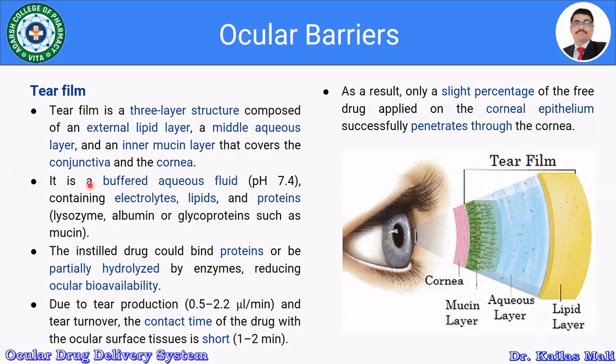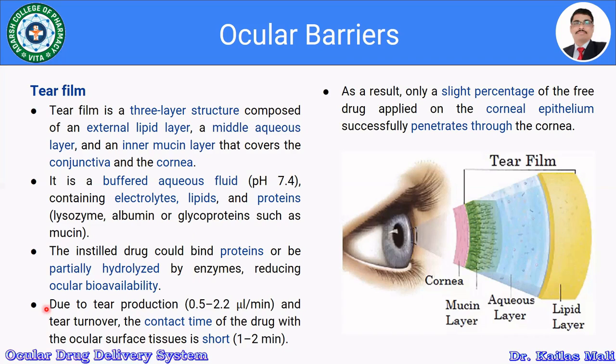It is a buffered aqueous fluid with a pH of 7.4 and comprises electrolytes, lipids, proteins, lysozyme, albumin, and glycoprotein. The instilled drug could bind to proteins like lysozyme, albumin, or glycoprotein, or be partially hydrolyzed by the enzymes, which reduces the further ocular bioavailability.